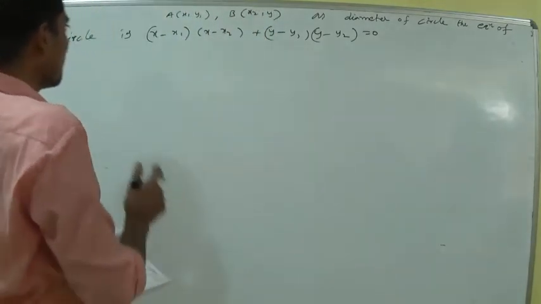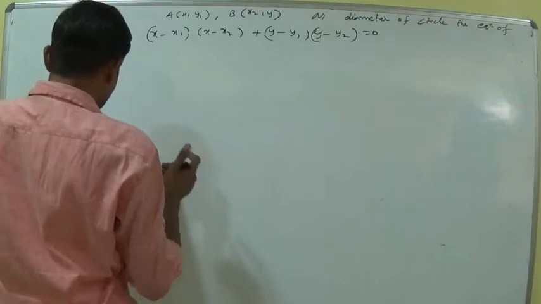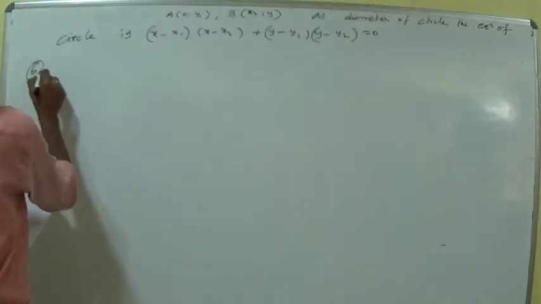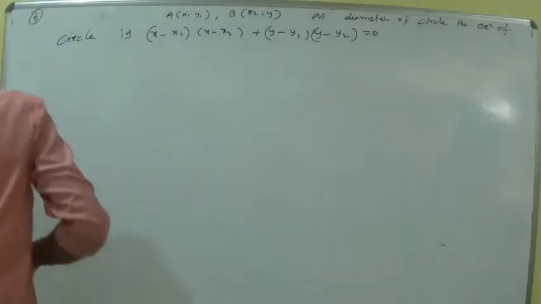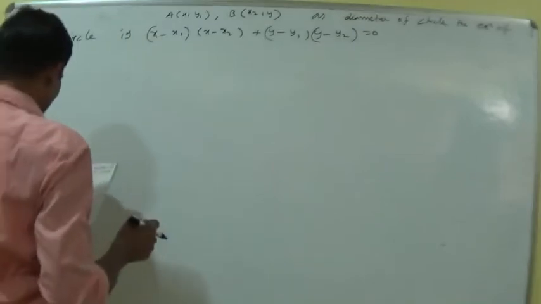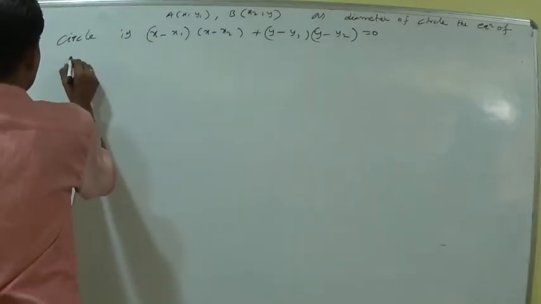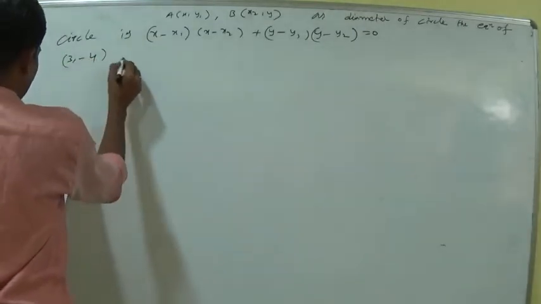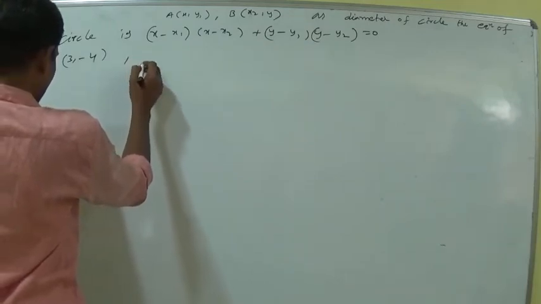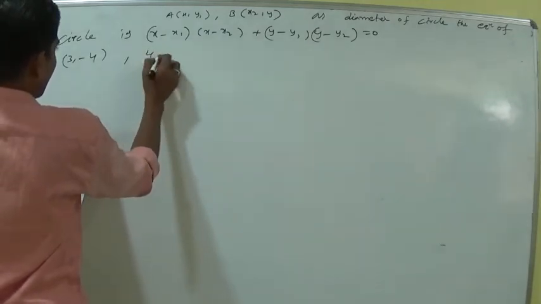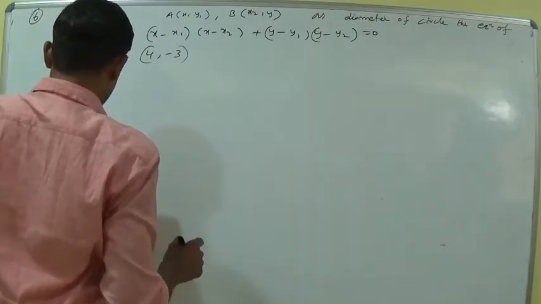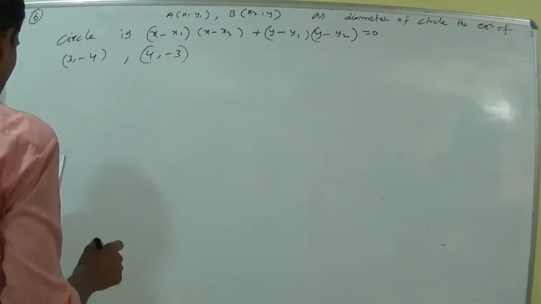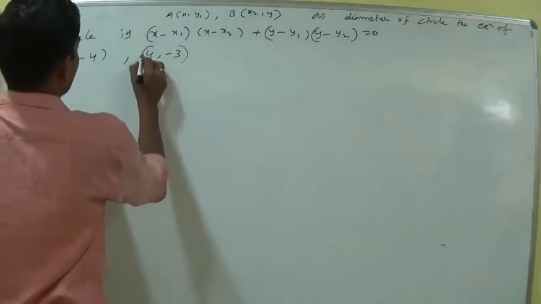Like that, here the sixth one started. The 2 points are 3 comma minus 4 and minus 4 comma 3.